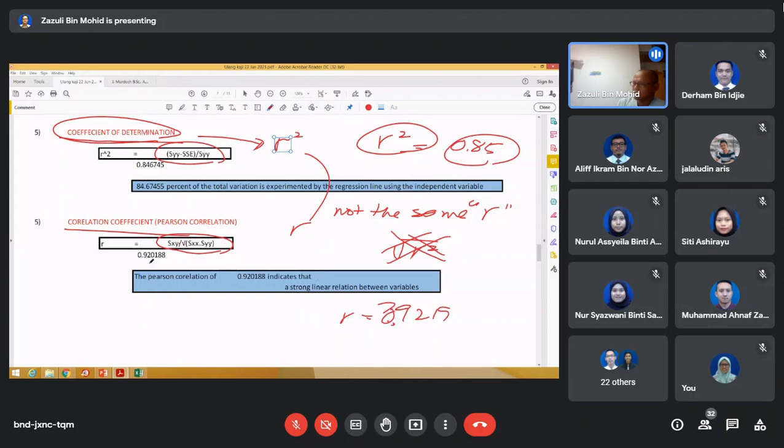So this is a small decimal, whereby we want to convert it to percentage. You got 92%. This one you will have 94.7 or maybe 84.7 or 85. It is a percentage.